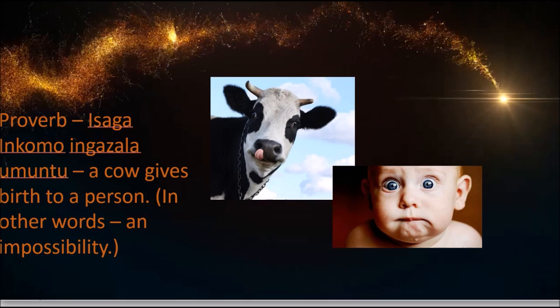In other words, it's an impossibility. So here's the cow, here's the person, and the baby is as shocked as the listener would be, because it expresses an impossibility. Let me say it again. Isaka is the proverb, and it is inkomo ingazala umuntu. You could ask it as a question. That would be inkomo ingazala umuntu?